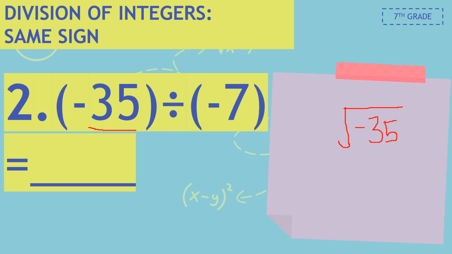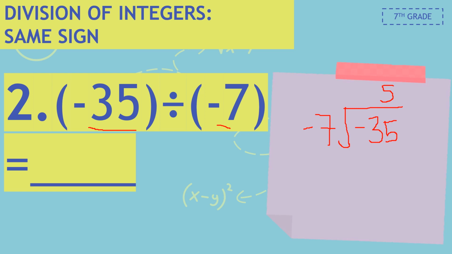And then, divisor natin nasa labas, negative 7. So negative 35 divided by negative 7, ilang 7 daw po ang meron sa 35? The answer will be 5.